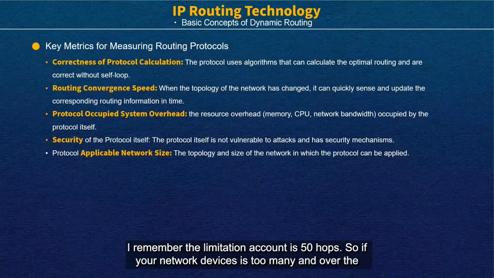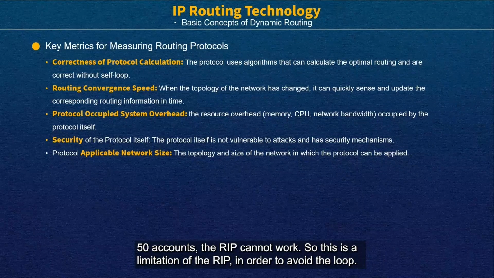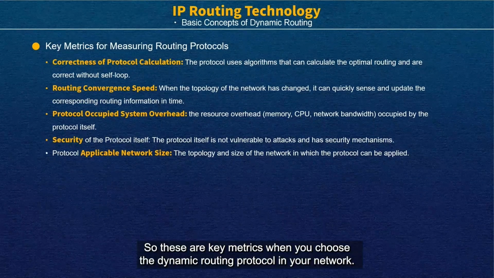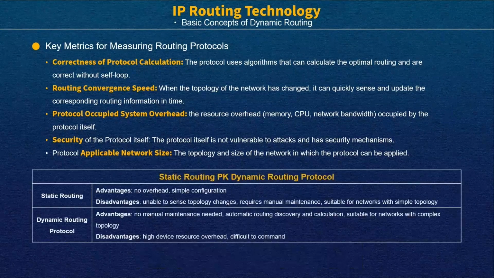I remember the limit is 15. So if your network is so big that it goes over 15 hops, RIP cannot work. So this is a limitation of RIP in order to avoid loops. So these are key metrics when you choose a dynamic routing protocol in your network.